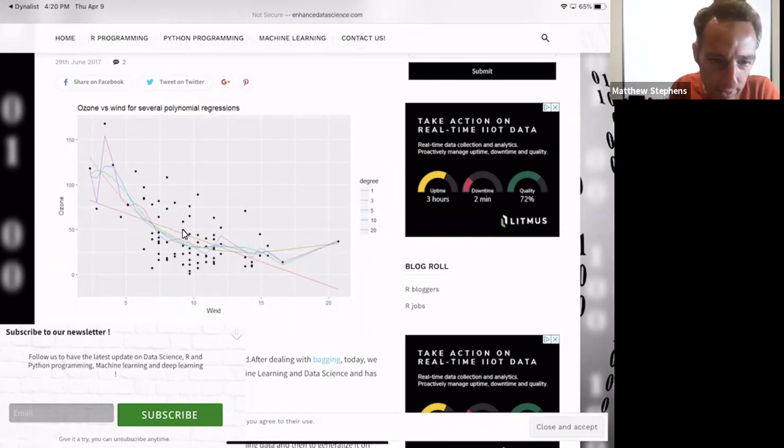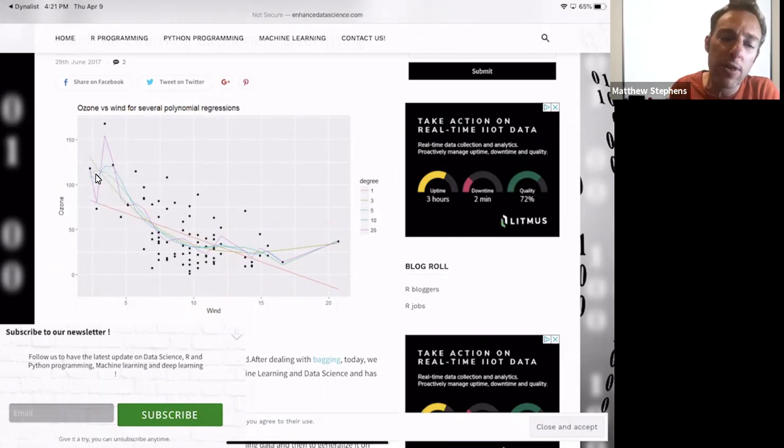But then it fits polynomials of increasing degree, and you can see the magenta line, the degree 20, is not quite joining up the training data points, but it's trying its best to get as near to these data points as it can. If you increased the degree further, you would eventually get a line that joined up all the data points. Some of them are at exactly the same point on the x-axis, so it wouldn't be able to quite accomplish that. Maybe that's why it doesn't.